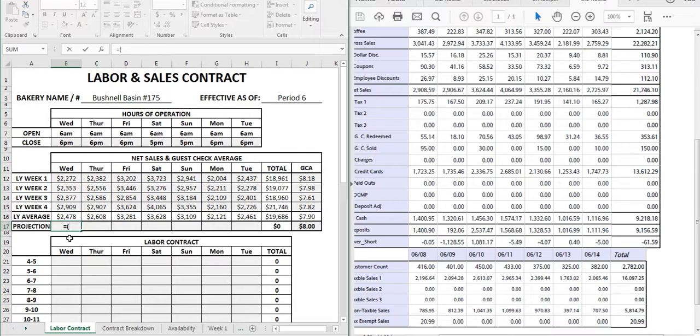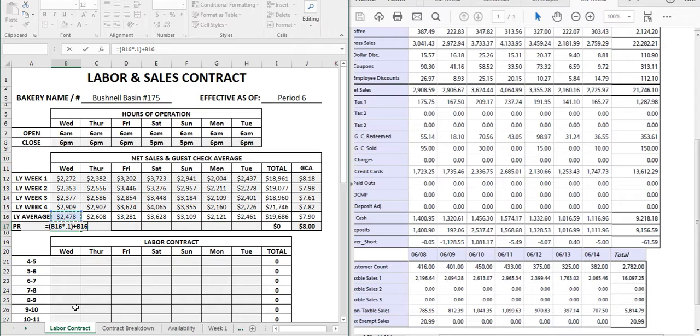Equals parentheses, last year's average sales multiplied by 10%, which translates to 0.1, right? Then another parenthesis, and then we're adding that to last year's net sales.